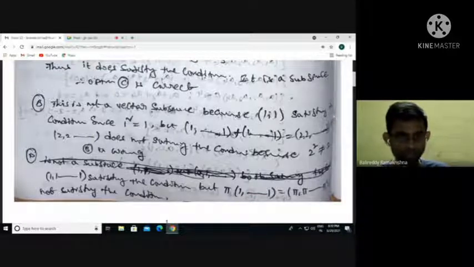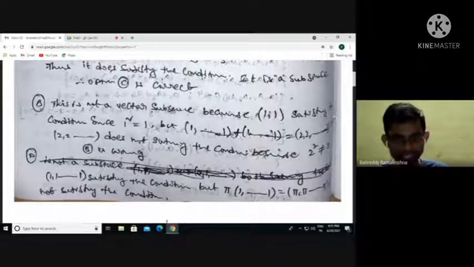Okay, by using closure property, we have the n tuple 1 comma 1 comma 1 belongs to R power n, as well as by using closure property, we have the n tuples sum. That means 1 comma 1 comma 1 and so on 1 plus again n tuple 1 comma 1 comma 1 and so on 1. Their sum is again belonging to W, then we say that that satisfies closure property.